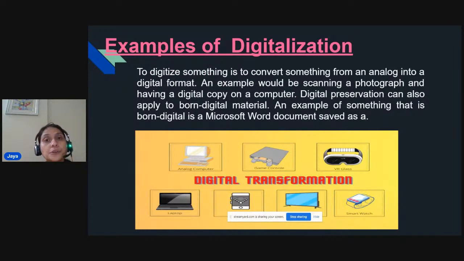Second is the examples of digitalization. When I'm talking about the examples of digitalization, there are a lot of examples. But nowadays, nobody wants to carry a bunch of papers with them when they are going for a meeting or something.